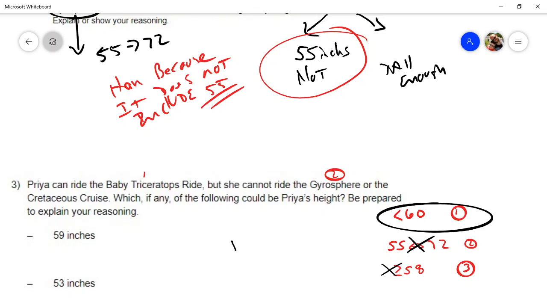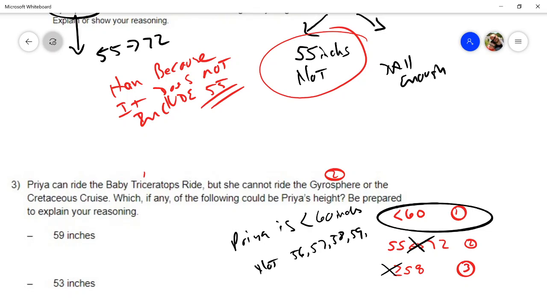So now that means that Priya is less than 60 inches. She's not between 55 and 72, so she's not 56, 57, 58, 59, or 60.